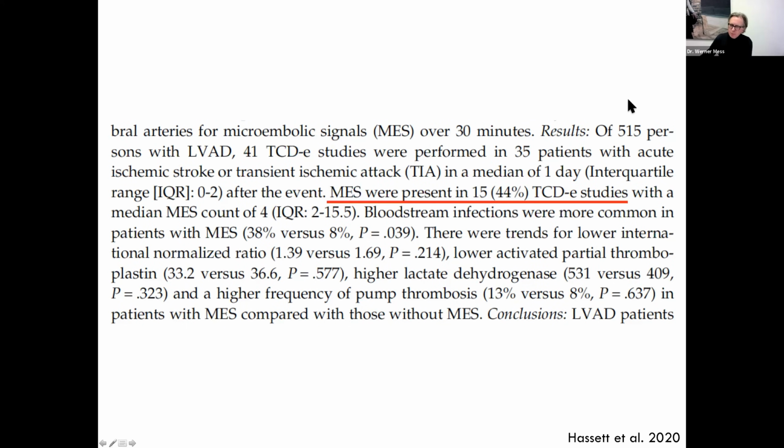And it is indeed a pity that there is no control group in this paper, so we don't know if there were emboli in the group without TIA or stroke. So in other words, how well do these emboli discriminate? But the authors mentioned different complications of LVAD, and that the microembolic signals were correlated with that.